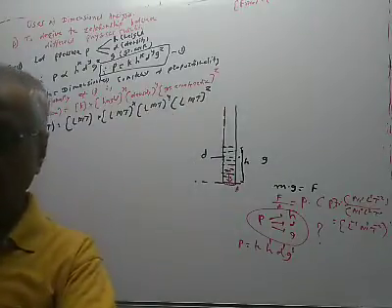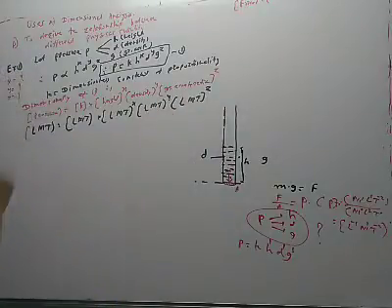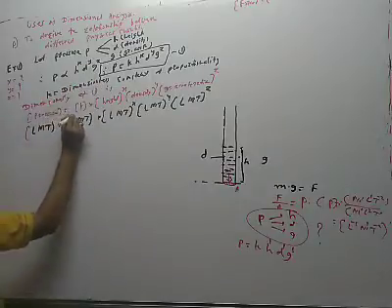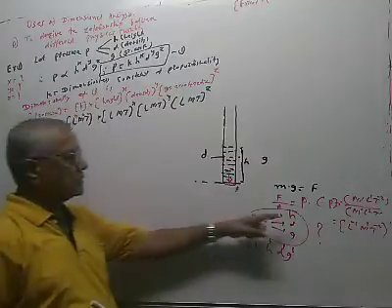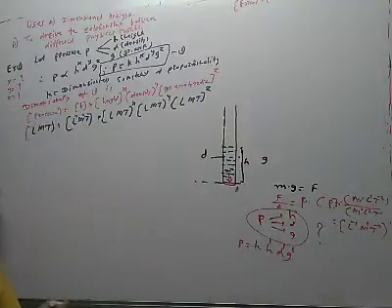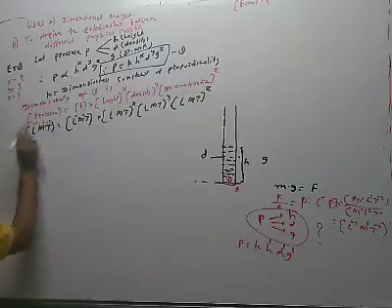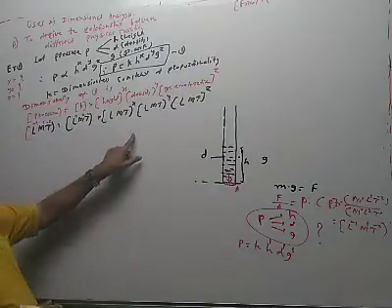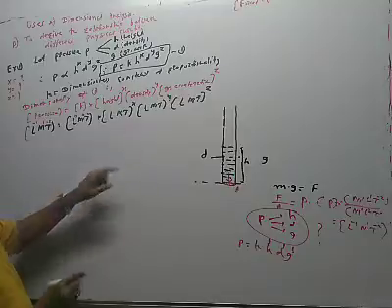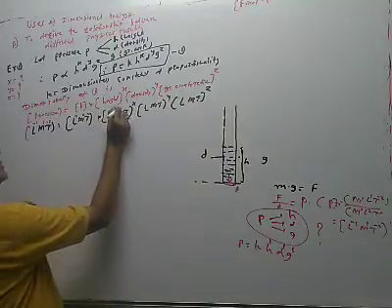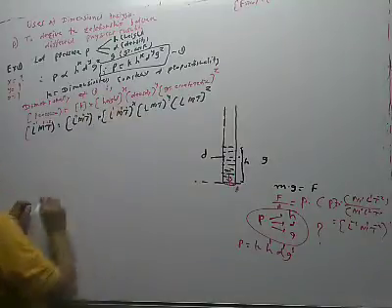K is a dimensionless constant, so the powers are 0, 0, 0. And pressure, just now we have found, is L raised to minus 1, M raised to 1, T raised to minus 2. Now height means distance, dimensions of length. So it is L raised to 1, M raised to 0, T raised to 0.